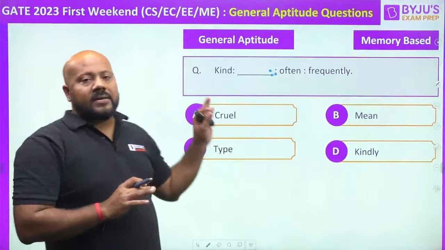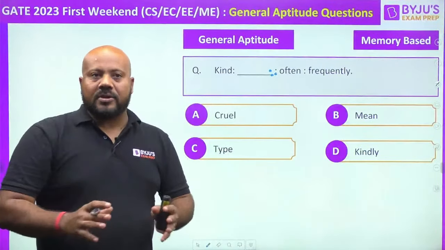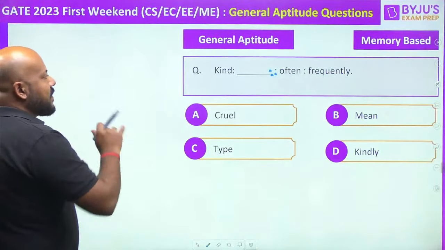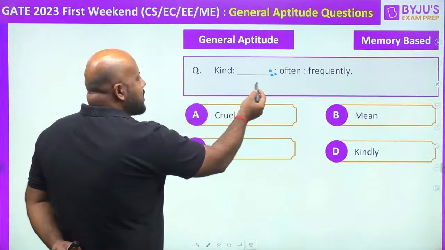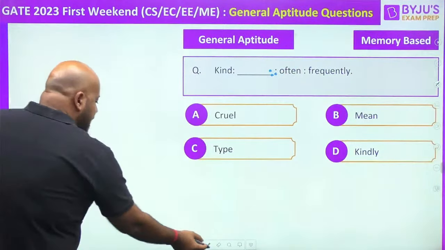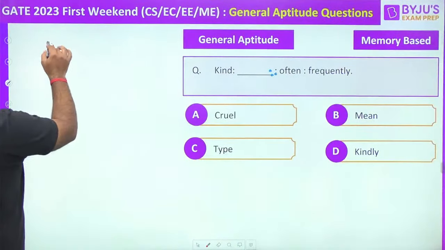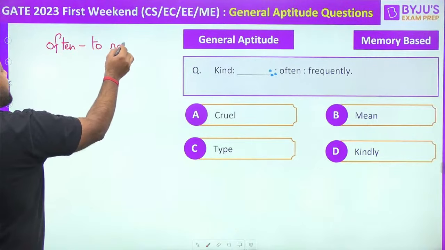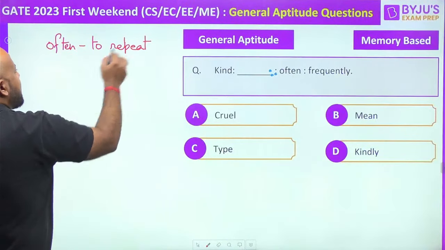Now this was, I can say, one of the trickiest questions in verbal ability I have seen so far. It looks very easy. Now there is a word kind, there is a space, and then there is often and frequently. Now you understand, often means what? Often means to repeat regularly.